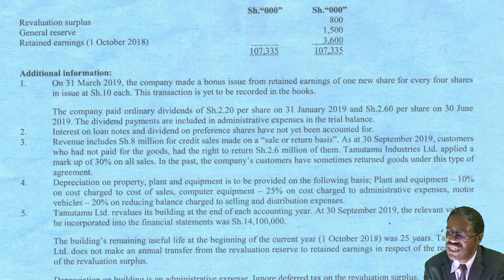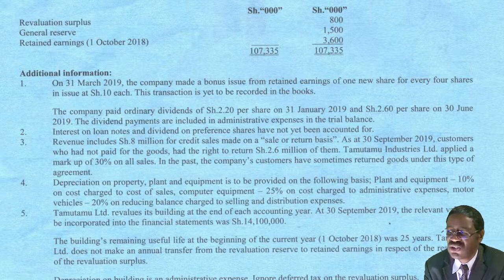And this question is telling us that they financed the bonus from the retained earnings. But the basis of issuing the shares was, they are saying, 1 new share for every 4 shares at 10 shillings each.